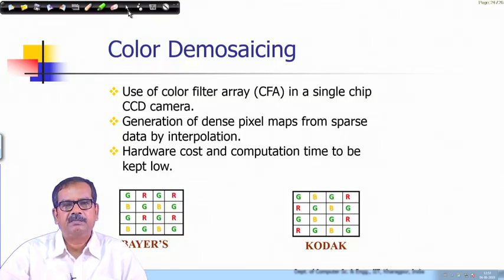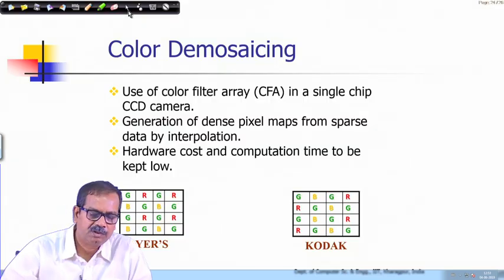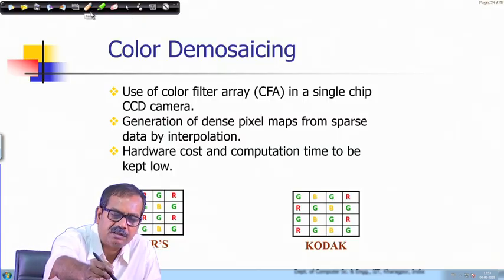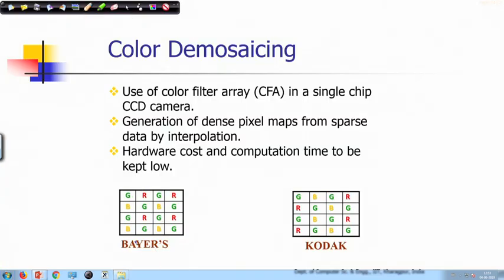So, there are different patterns proposed by which you can design these filters. That is why the array is also called a color filter array, because those are sensed by passing the incident light through these filters. Examples of these patterns are shown here. You can see this pattern, which is called Bayer's pattern, a very popular pattern. In most of the literature you will find people have worked on this pattern.